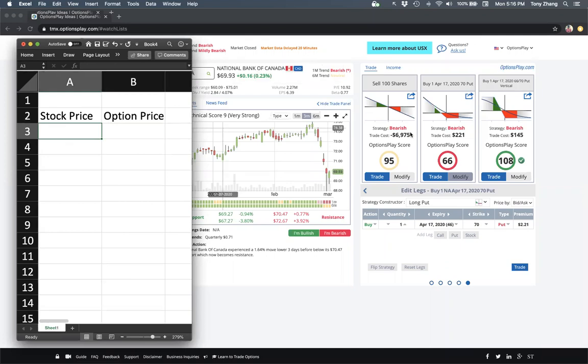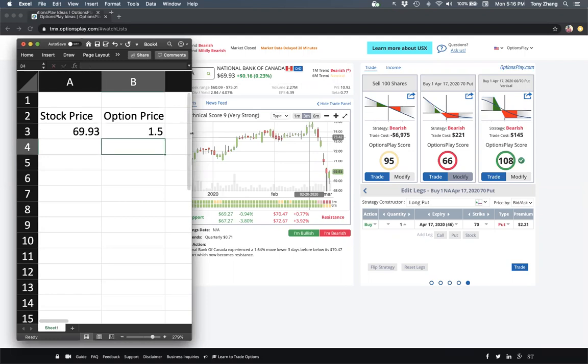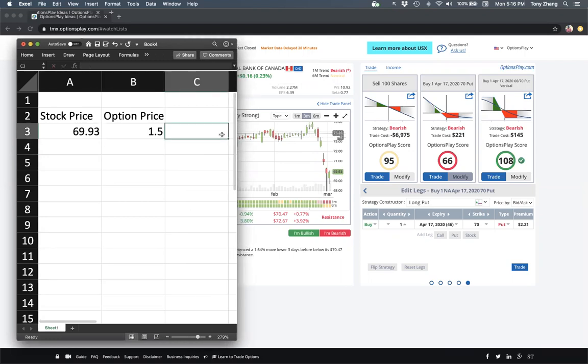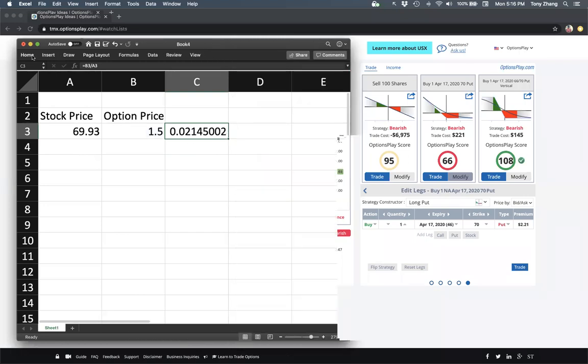In this particular case, we're looking at National Bank, which is trading at $69.93, and the call option was $1.50, and the put option was $2.25, I think it was. All you have to do is take the option price and divide it by the stock price, and you'll get a percentage. So in this particular case, this is about 2.1%.